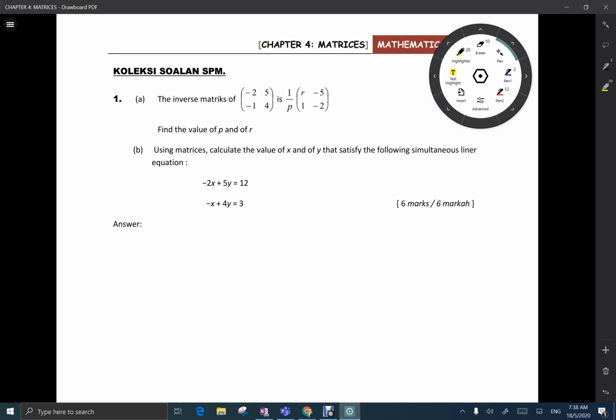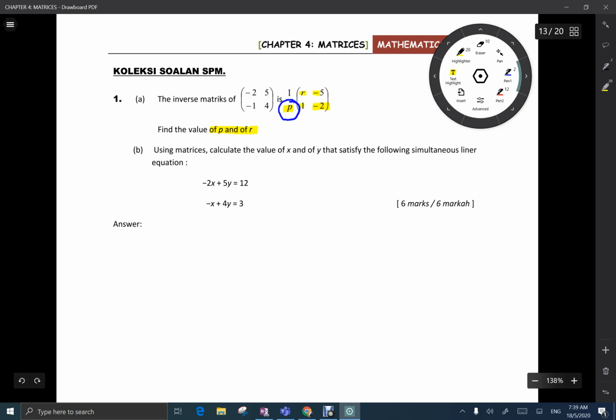Now, soalan nombor 1, it said that the inverse matrix of -2, 5, -1, 4 is 1 over P, -5, 1, and -2. So, they ask you to find the value of P and R. Okay, now, P ini.